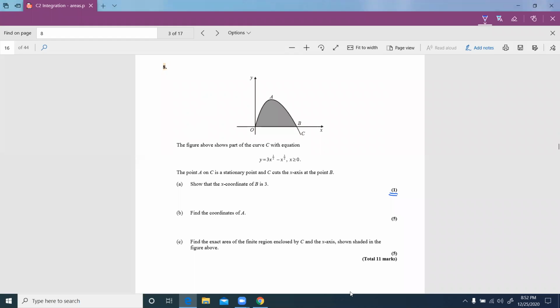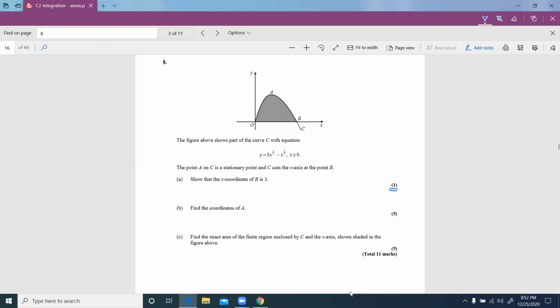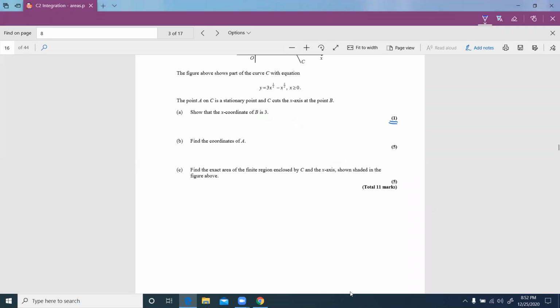There are two approaches for this question. You know that there are two ways you can do this question. I just want to show you the long method and the short method itself. So what you can get here is they have given the x coordinate as 3.